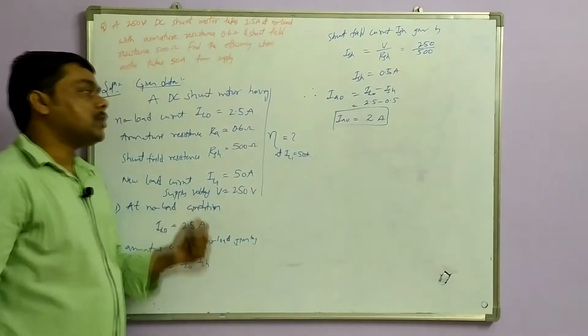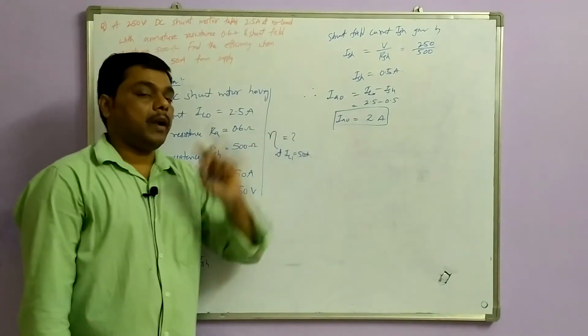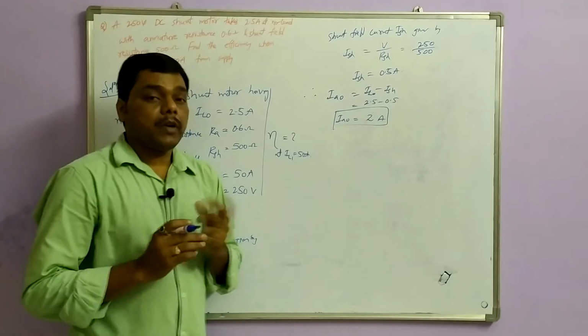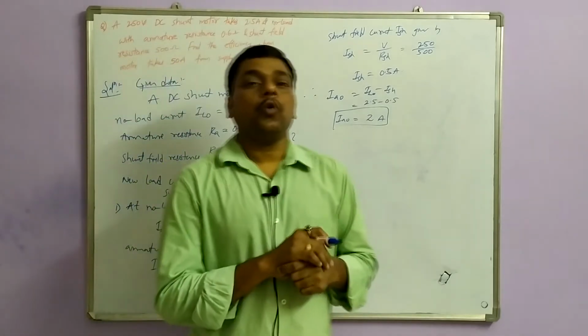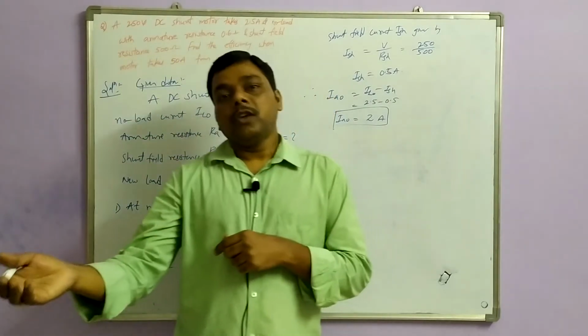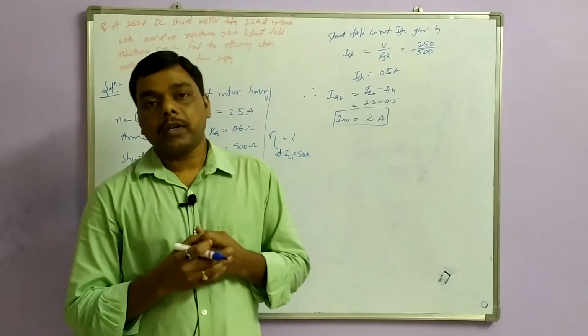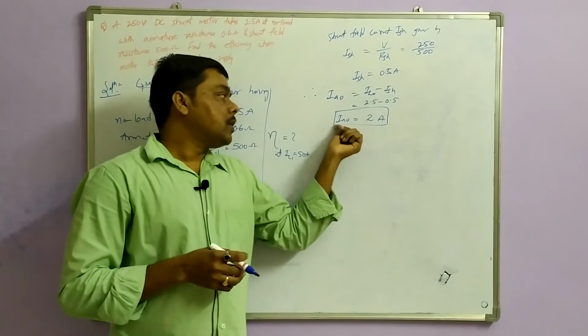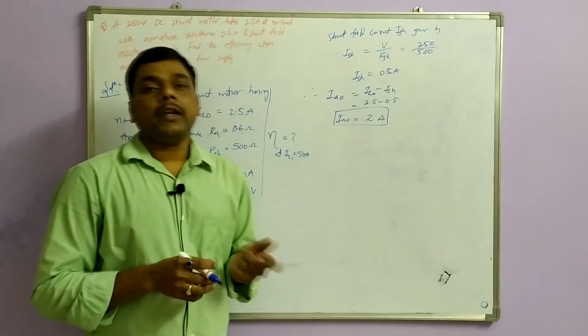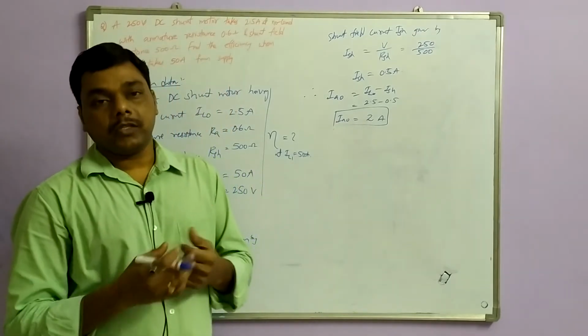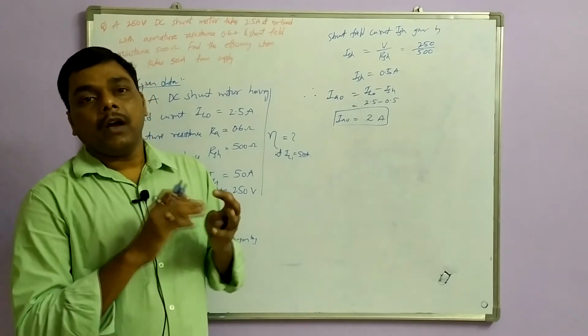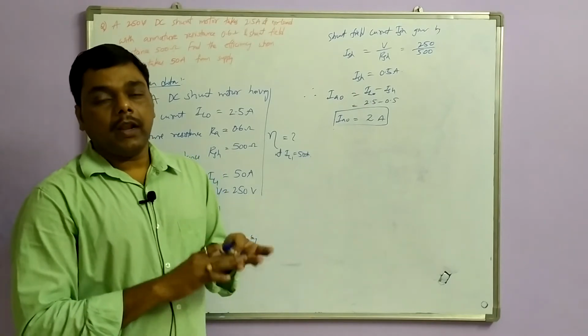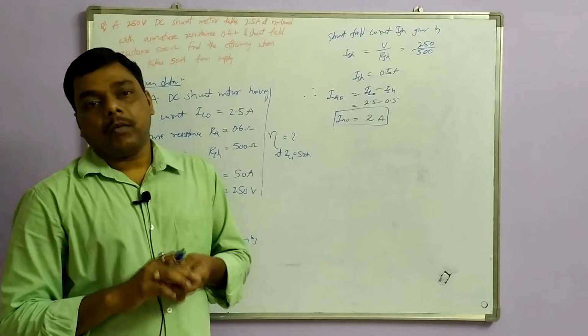Now the no load armature current is determined, but we are not calculating the efficiency at no load. We have to calculate the 50 amperes load efficiency, but the no load parameters let us calculate the constant losses, nothing but iron, mechanical and shunt field copper losses.